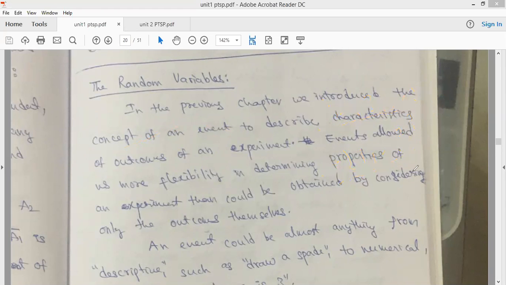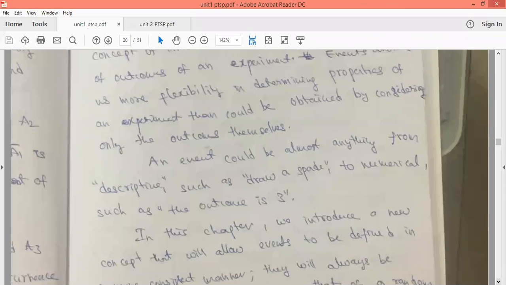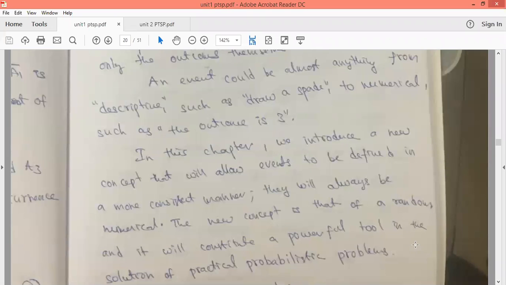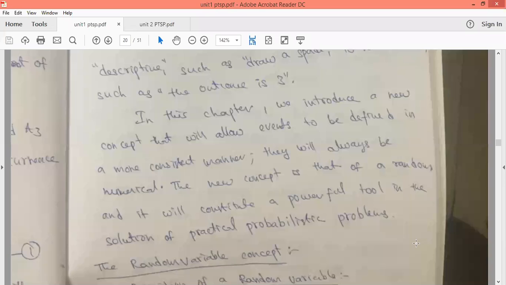Here we will be assigning some numerical values to the event. In this particular concept, we assign numerical values to the event, in the form of random in nature. This is very important to obtain the solution of practical probabilistic problems.